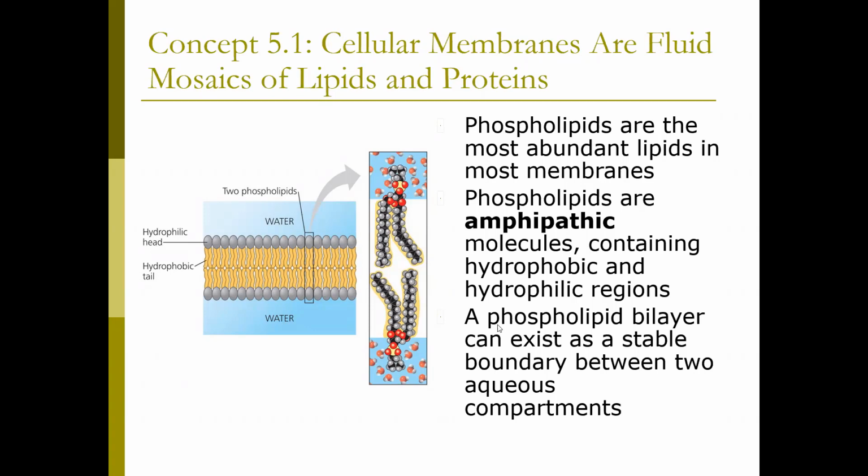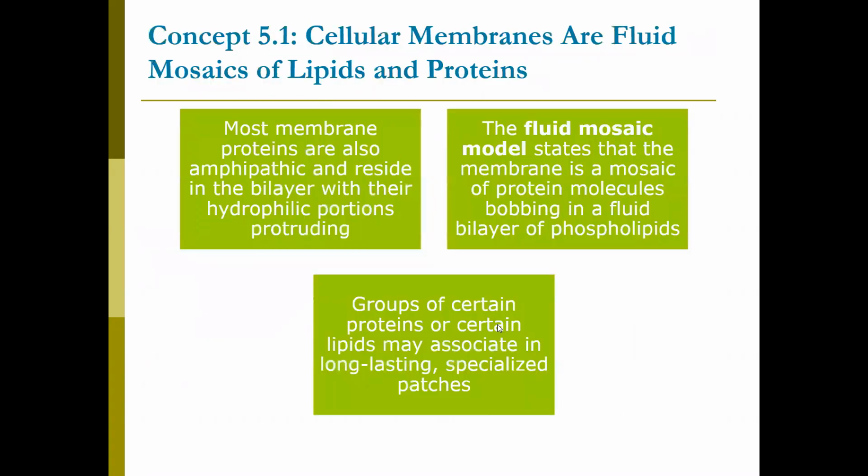All right, so let's talk about the cellular membranes. We like to think of it as a fluid mosaic model. That basically means that there is, of course, the amphipathic phospholipid bilayer with their hydrophilic portions protruding, and there are proteins embedded within this bilayer.